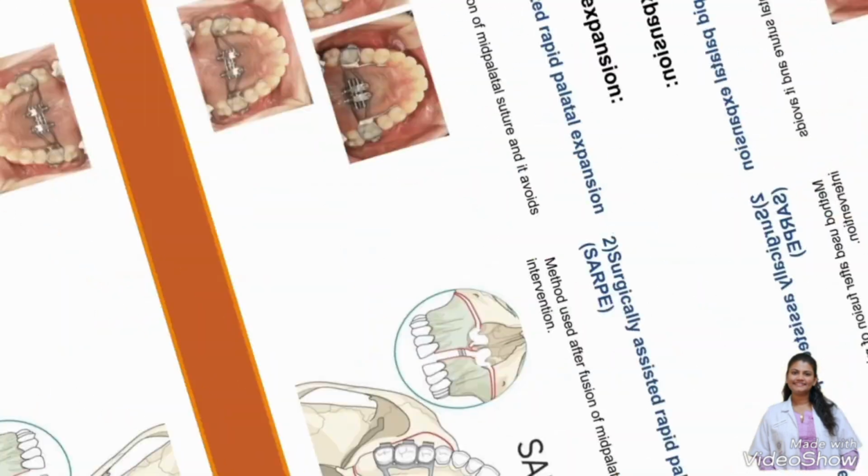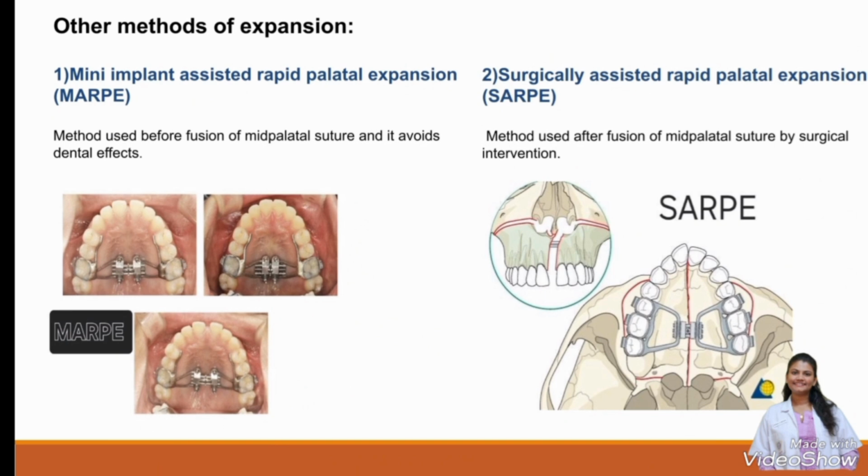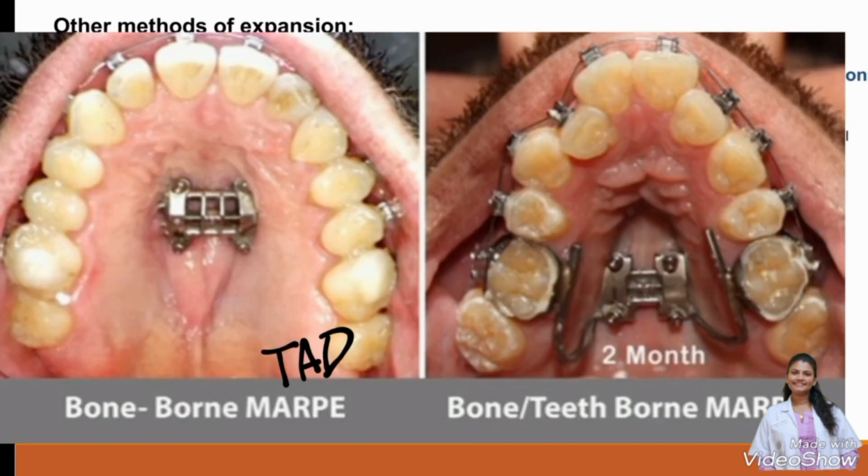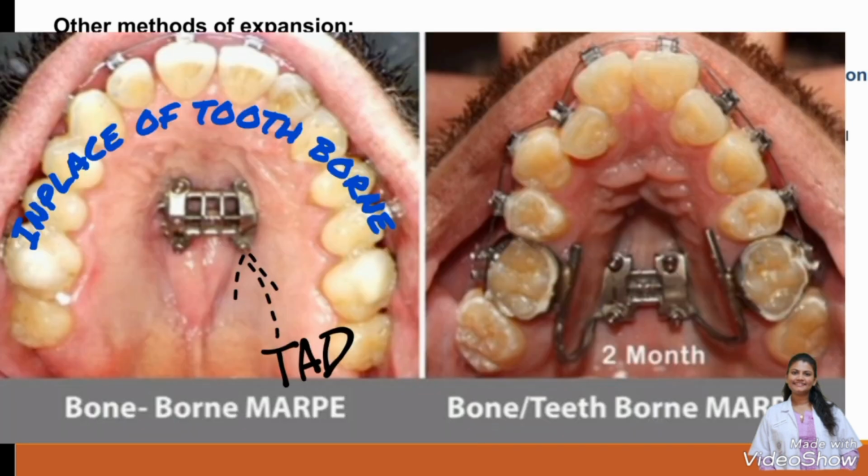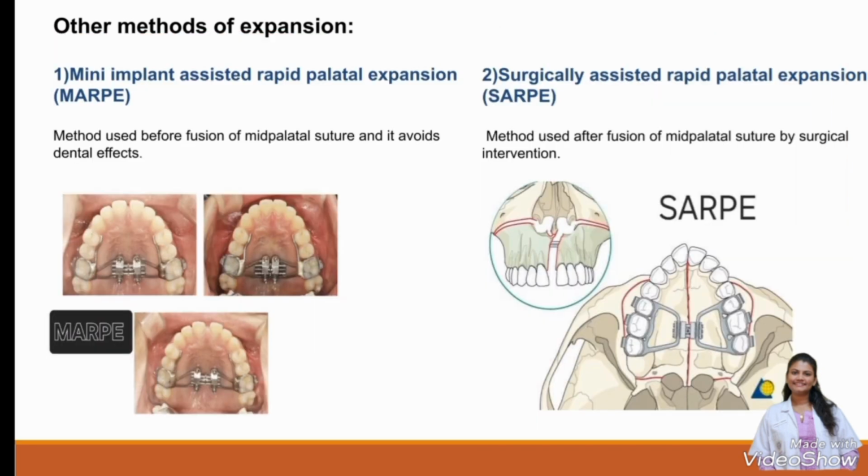There are different other methods of expansion. First is mini-implant assisted rapid palatal expansion, which is MARPE. In this, mini implants or temporary anchorage devices, which are TADs, are used in place of tooth-borne appliances. This method is used before the fusion of the mid-palatal suture, and it avoids dental effects like extrusion of molars or buccal tipping of molars.